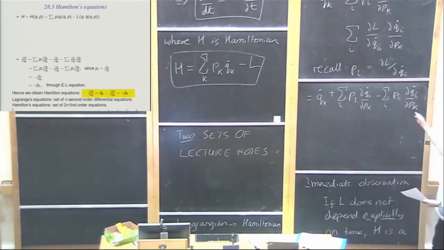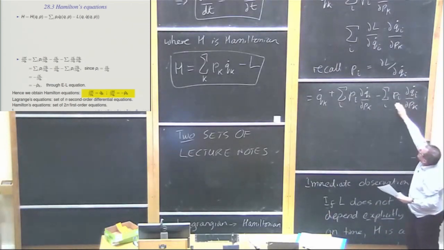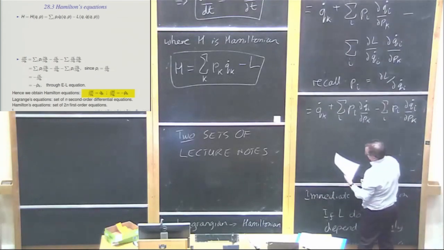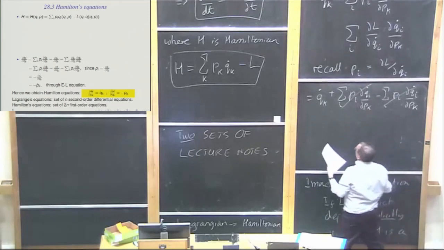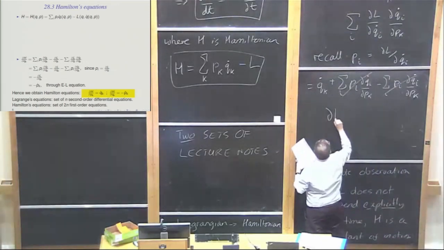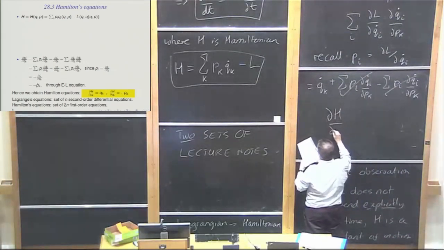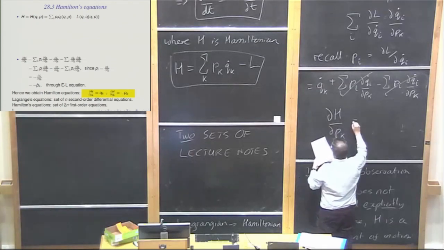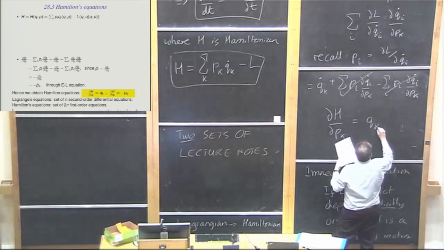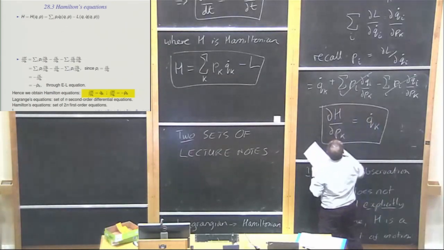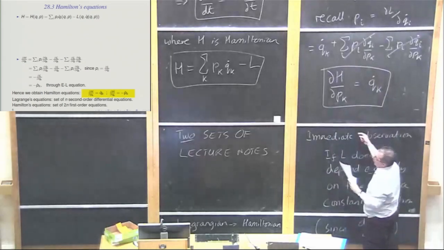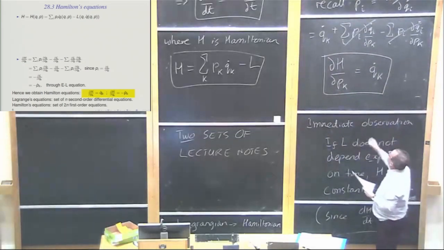And that's great, because that term now looks just the same as this one, and so we can cancel them, and we end up with dH by dp_k is equal to q_k dot. Okay. So that's one of Hamilton's equations.